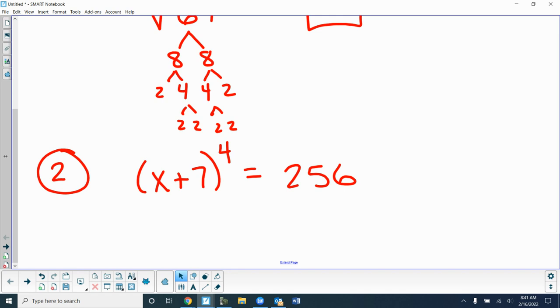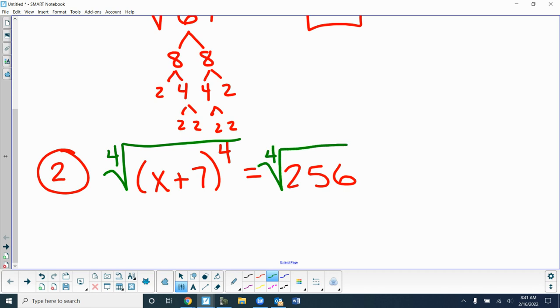So all I got to do is take what root of both sides? The 4th root, yes. And what is the 4th root of something to the 4th power? Itself, right? So that becomes x plus 7 on the left, because the 4th root and the 4th power basically cancel each other out, right?